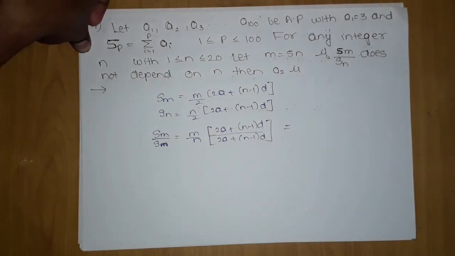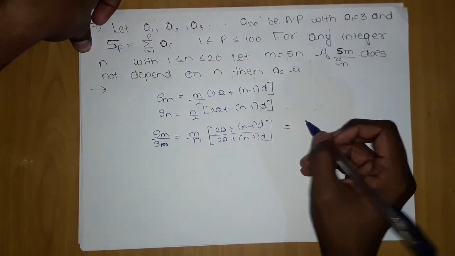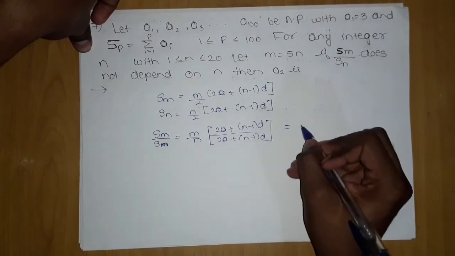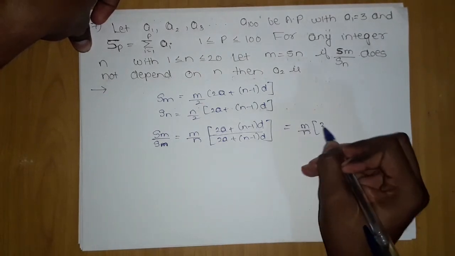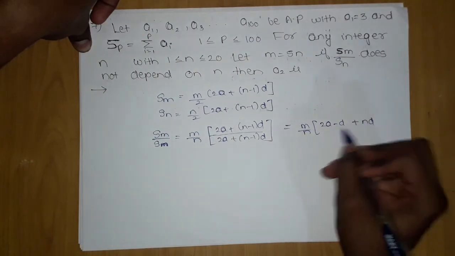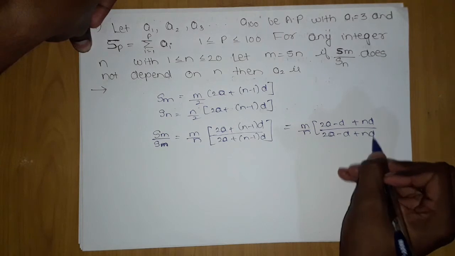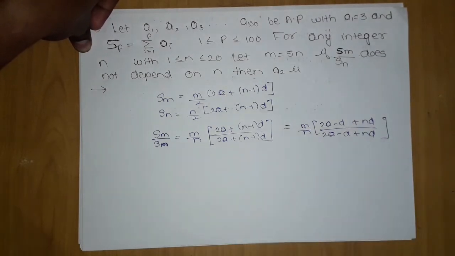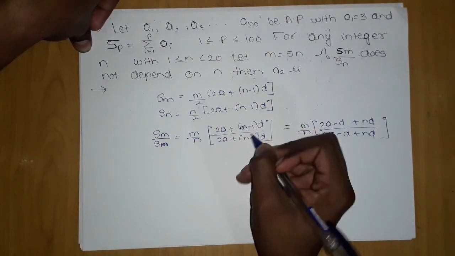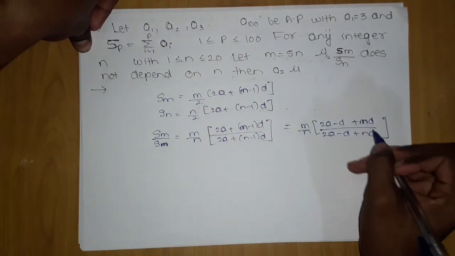Now they are telling that m is equal to 5n. Let's arrange it first. M by n is equal to 2a minus d, I opened it, plus md upon 2a minus d plus nd. Sorry, this will be m, so this is md.